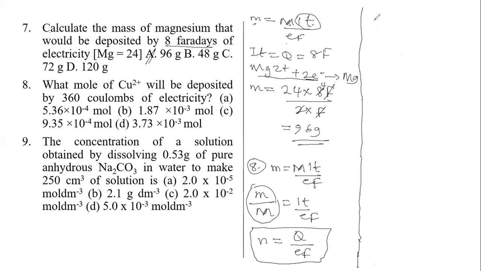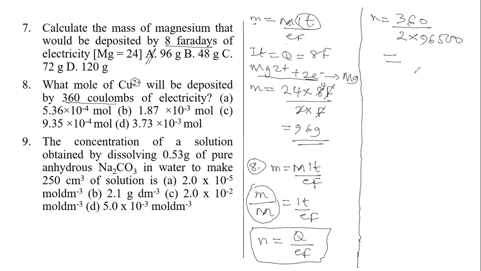So therefore, n equals Q, which is the quantity of electricity, 360 coulombs, divided by what? For copper 2 plus, it requires 2 electrons, that's 2, then 96,500 coulombs.